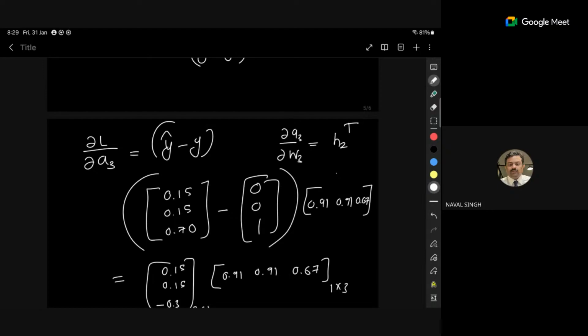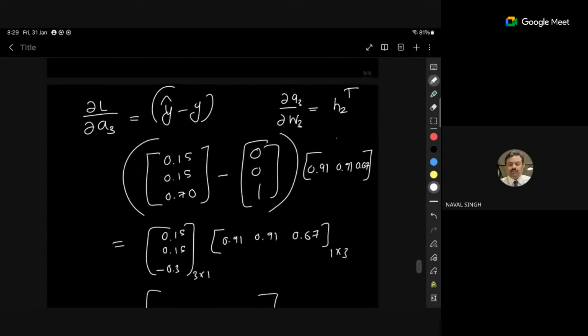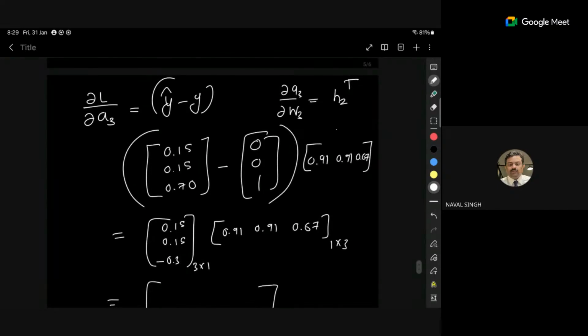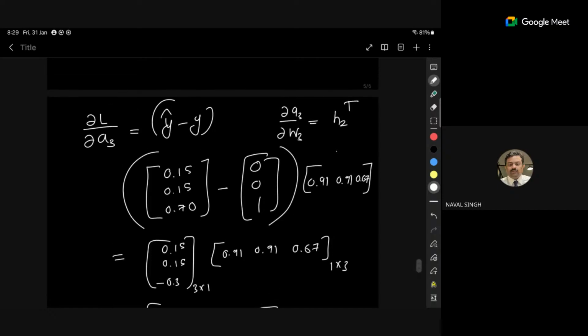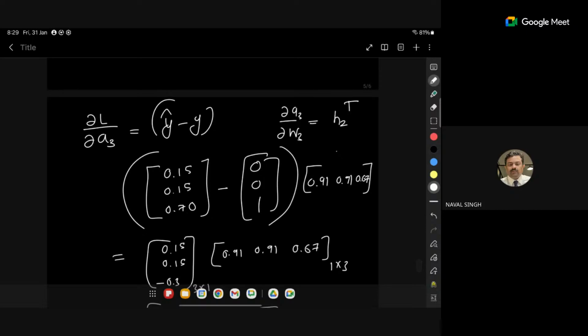Then loss is immediately zero. So del L by del A3, y hat minus y, is very intuitive. That means if it is zero, you don't have any loss. We have modeled this either overfitting, or it's just like you are God or something. But the second part, the del A3 by del W3, the H2 transpose, I think I was getting stuck at that.